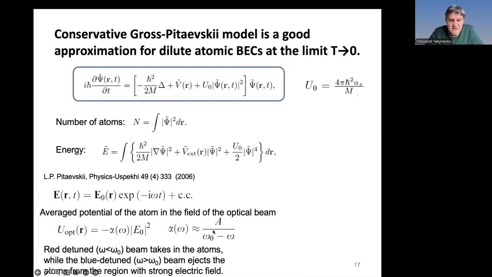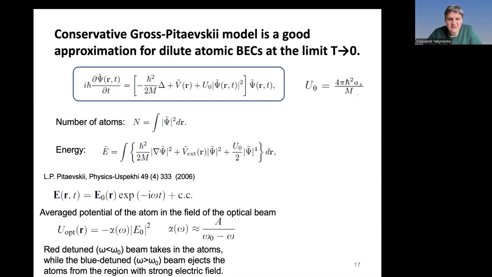And what is important is that you can control the behavior of the system with an external trap. This external trap could be, for example, magnetic, because atoms can have a magnetic dipole moment, or it can be an optical trap, which can be either attractive or repulsive depending on the frequency.